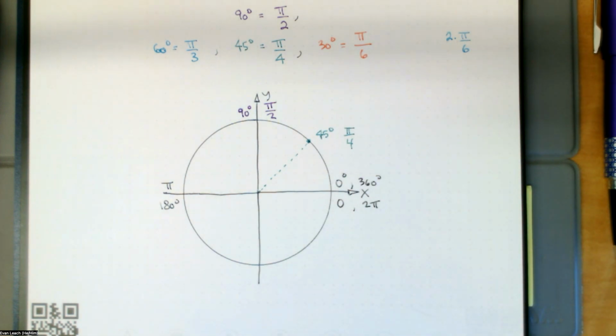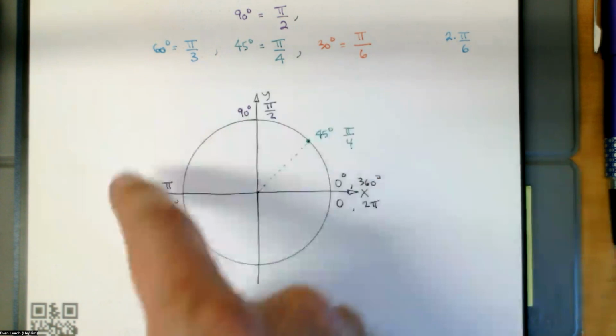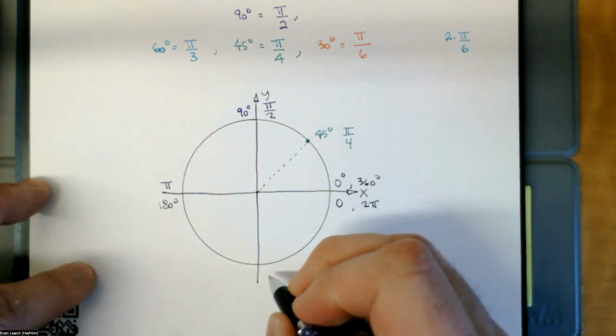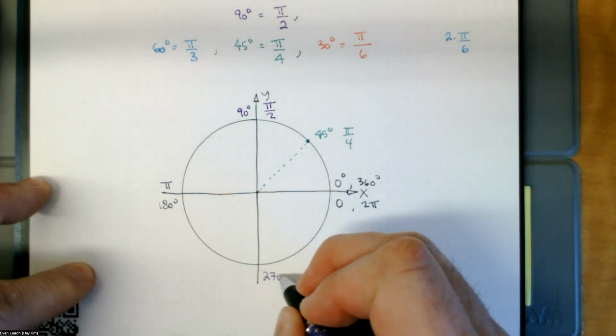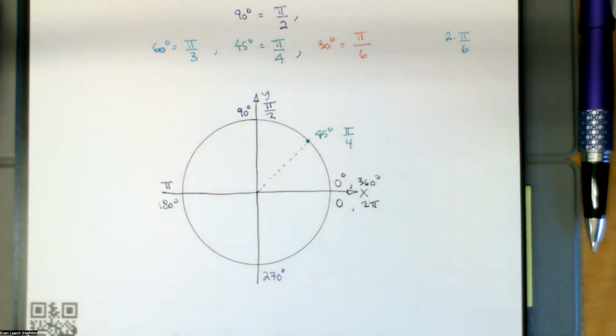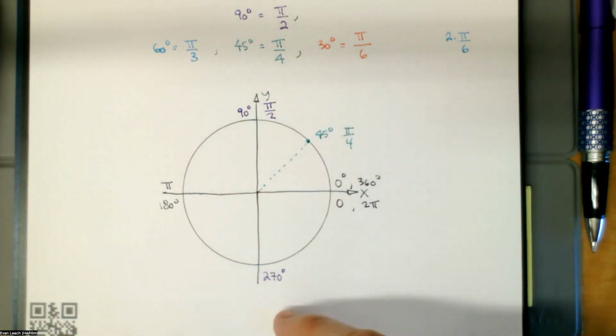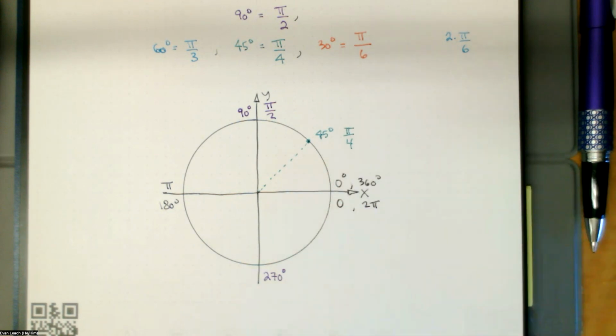Now I want to count around the circle in fractions of pi over 2, in quarter circles. I'm going to start off at 0, then go 90, 180, 270, 360. That's counting by 90s. 0, 90, 2 90s is 180, 3 90s is 270, 4 90s is 360.